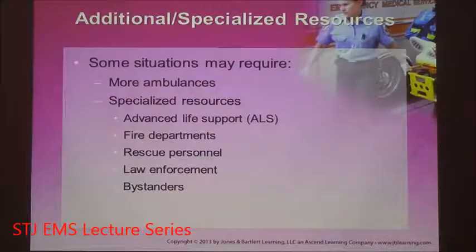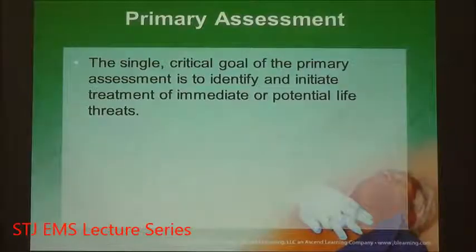In addition to more ambulances, some systems may need specialized resources, some situations. Fire department, rescue, law enforcement, help with bystanders, a lot of different issues. All that should be handled before we make patient contact.